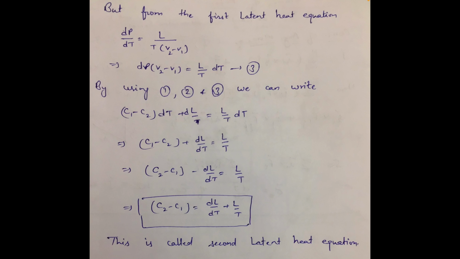So from 1, 2 and 3 we can write C1 minus C2 multiplied by dt plus dL is equal to L by T dt. Now the first term on the left hand side and the right hand side term both have dt.